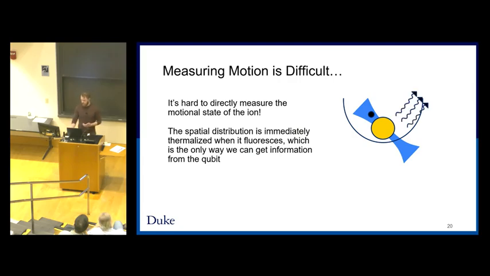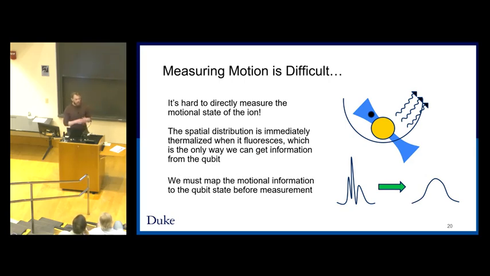And when it fluoresces, any interesting spatial distribution you had is immediately going to thermalize and not be interesting anymore. So the procedure usually goes that we need to map the motional information to the qubit state, measure it, and then keep remapping it and find more and more information about the motion after a bunch of different trials.